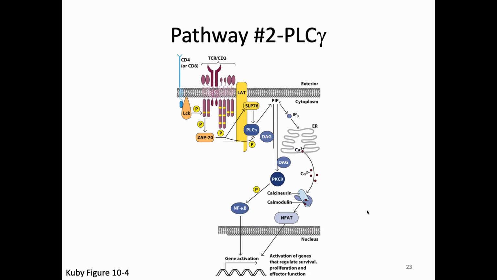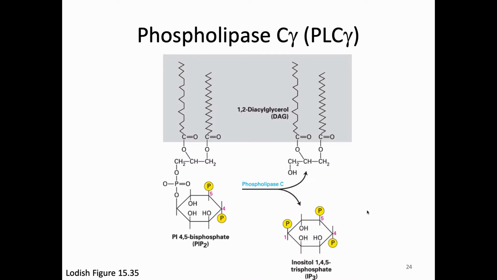Now, in order to understand what happens with PLC gamma, it might be helpful for you to know what PLC stands for. PLC stands for Phospholipase C. So PLC gamma is Phospholipase C gamma.